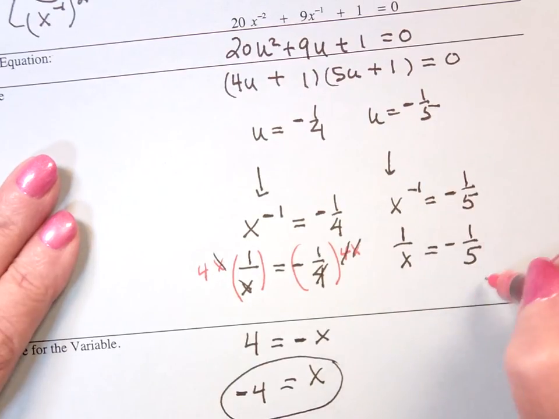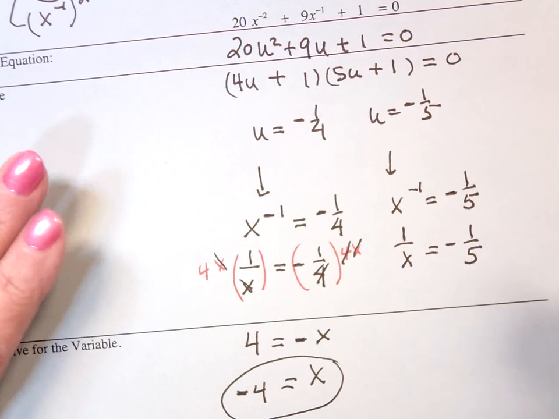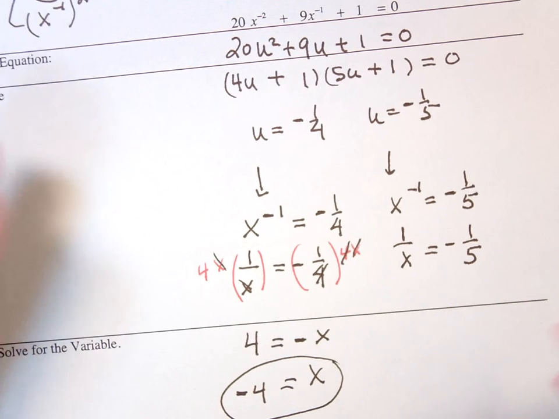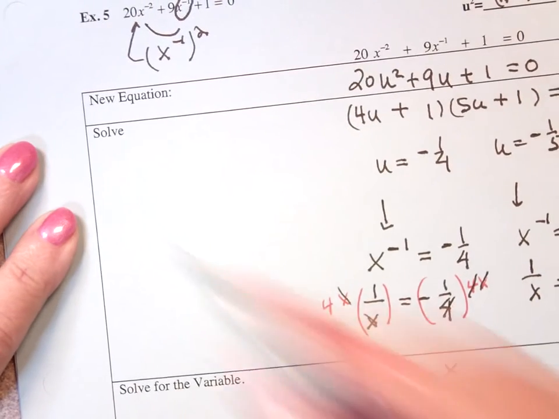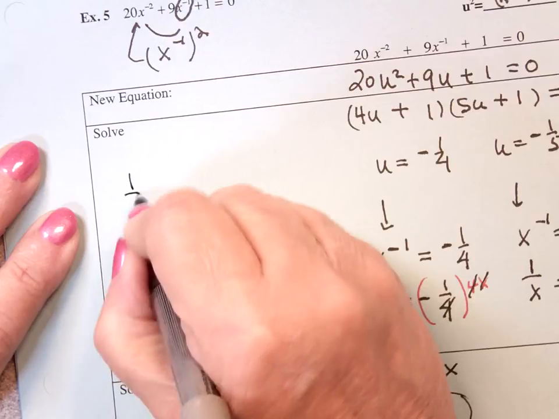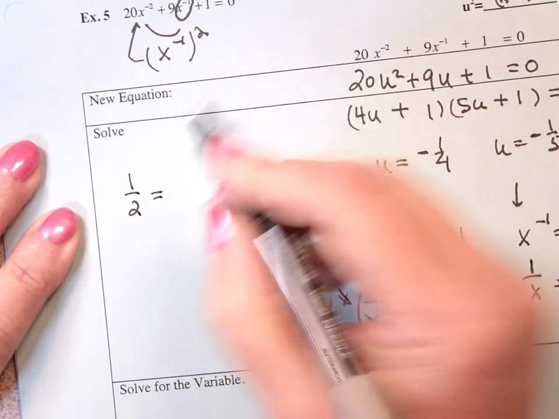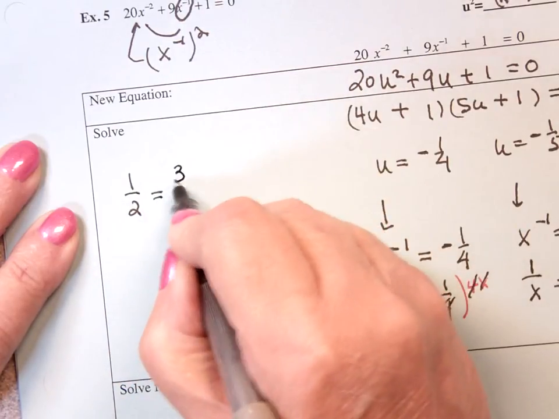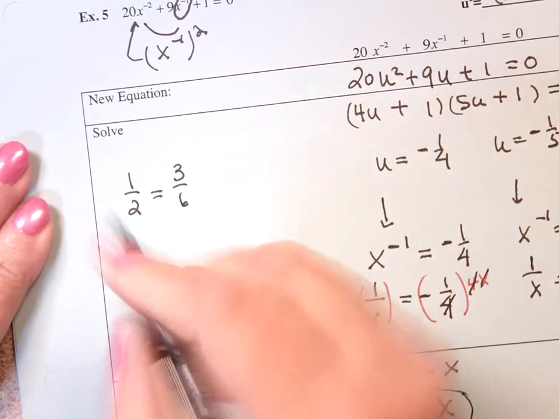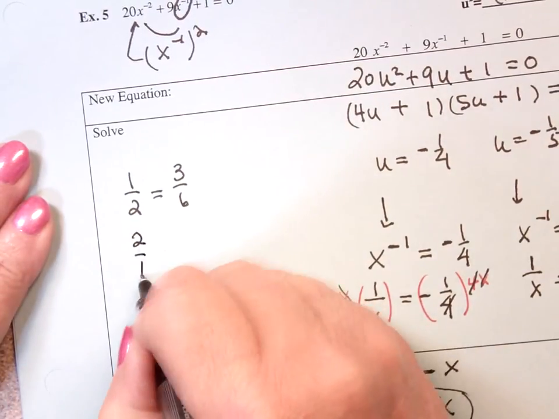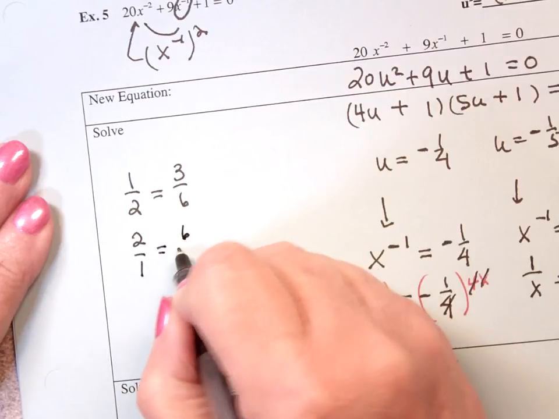Here I have 1 over x equals negative 1/5. Now, the other thing that you can do is this. From arithmetic, if I know that 1/2 is equal to 3 over 6, that's true. If I flip one side, I have to flip the other side.